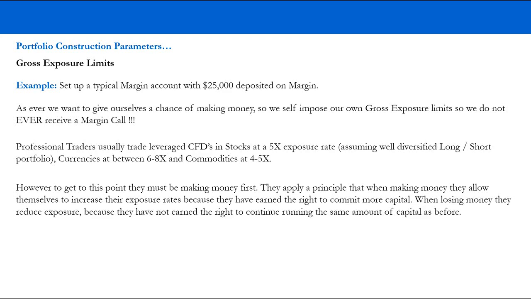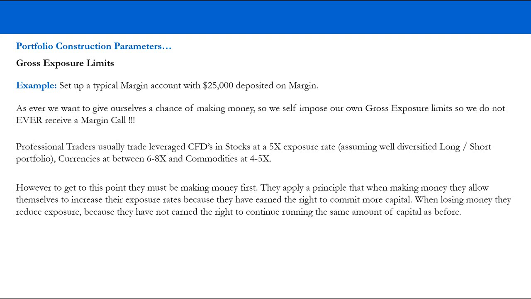Now, professional traders usually trade leveraged CFDs in stocks at around 5 times exposure rates, and that is assuming a well-diversified long-short portfolio on a 1 to 3 month time horizon.